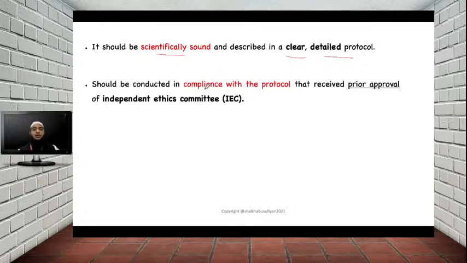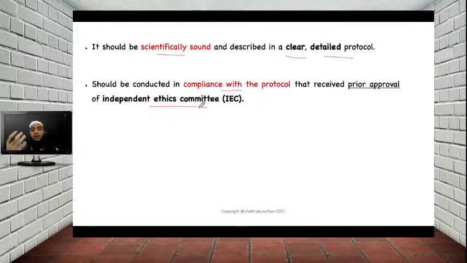Then it should be conducted in compliance with the protocol that received prior approval of the independent ethical committee. Now the IEC may have given the approval and you have started the trial, you being the investigator. When you are conducting this trial, you must see that you are sticking to the protocol approved by the independent ethical committee.